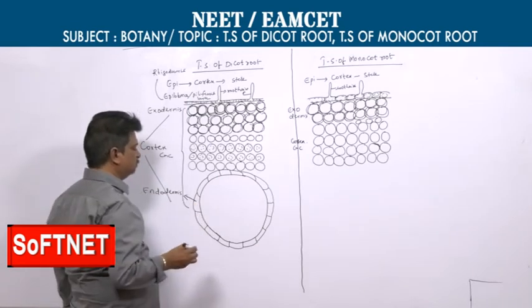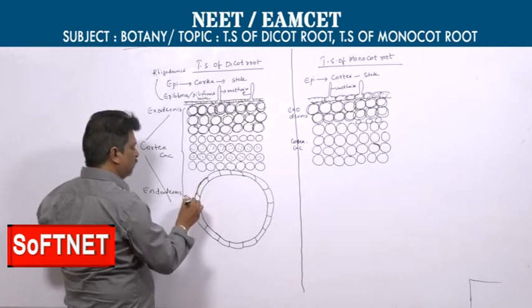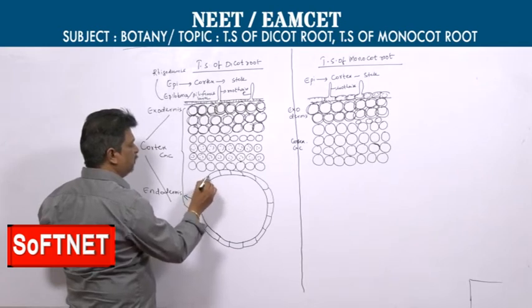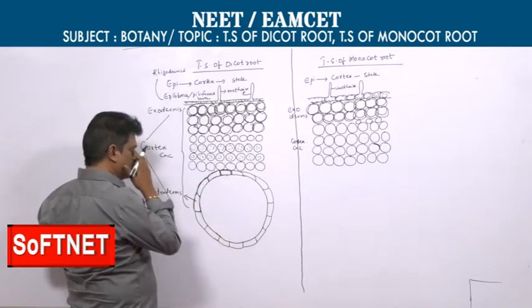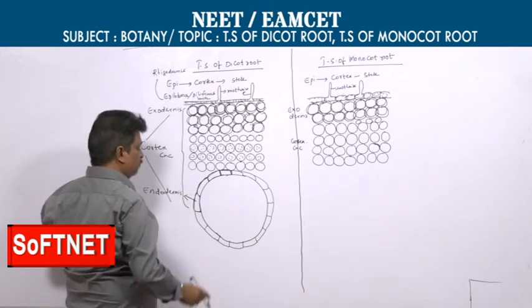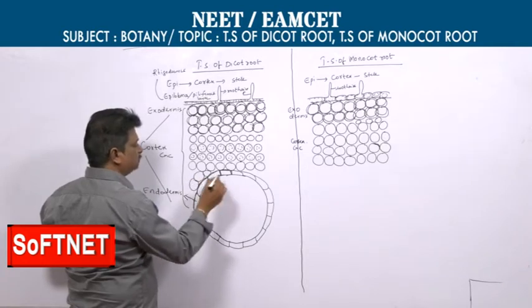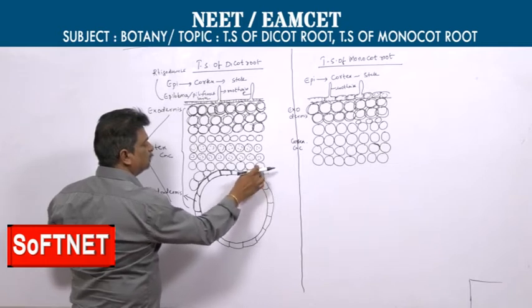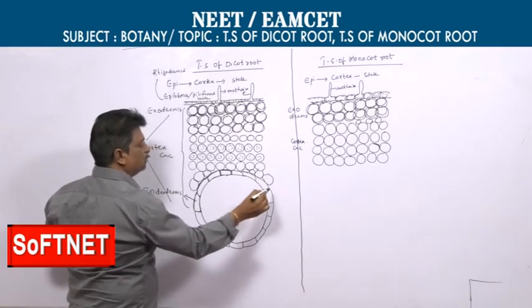In roots, endodermis is well developed. Generally, endodermis is unilayered, made up of barrel shaped cells, and cells closely arranged, so without any intercellular spaces.